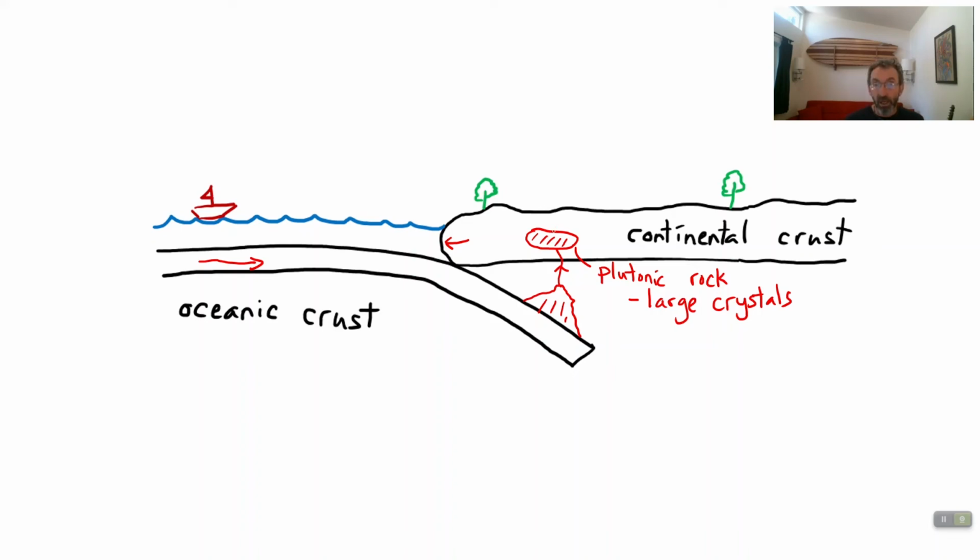Now, some of that rock makes it all the way up through the crust and forms volcanoes. Okay, so here's that magma coming up, and some of that may get erupted out as ash, and some of that rock may get erupted out as lava flows.